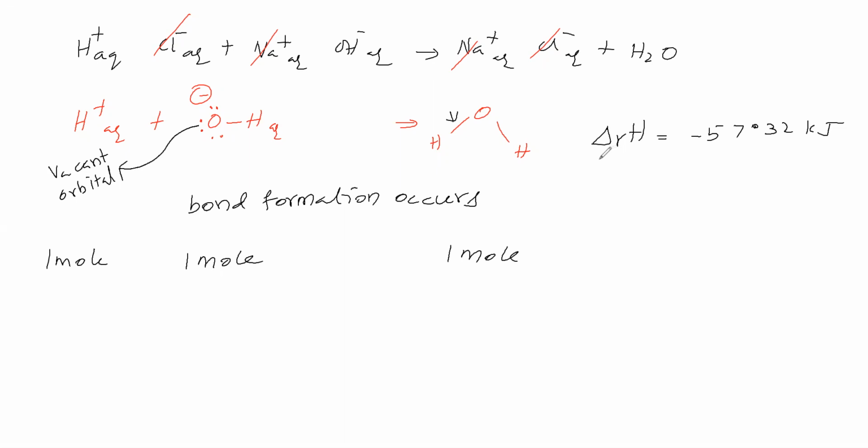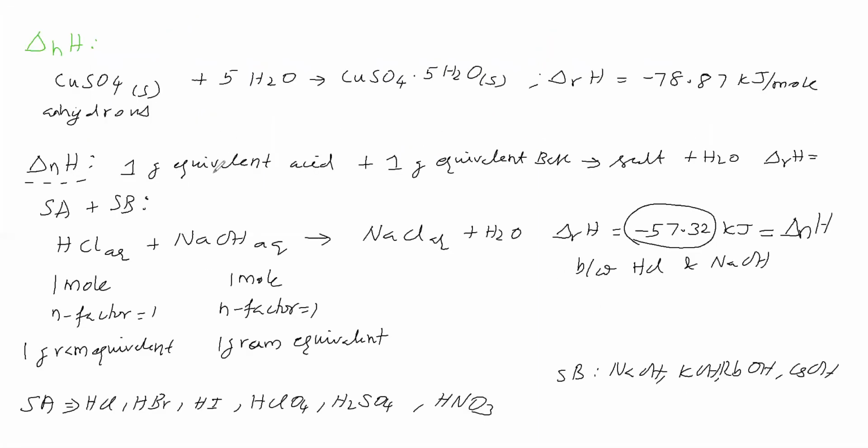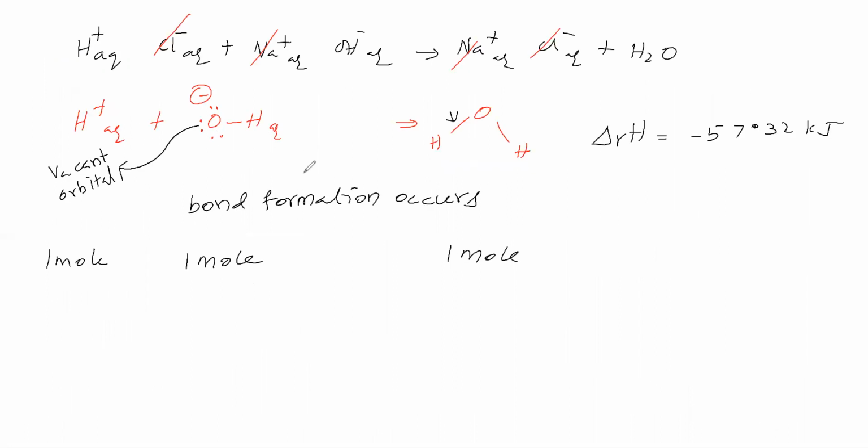So we said two definitions: one is H plus plus OH minus gives water, another is 1 gram equivalent of acid plus 1 gram equivalent of base. The gram equivalent definition is general for whatever the acid and base. The H plus and OH minus definition is for strong acid and strong base only.